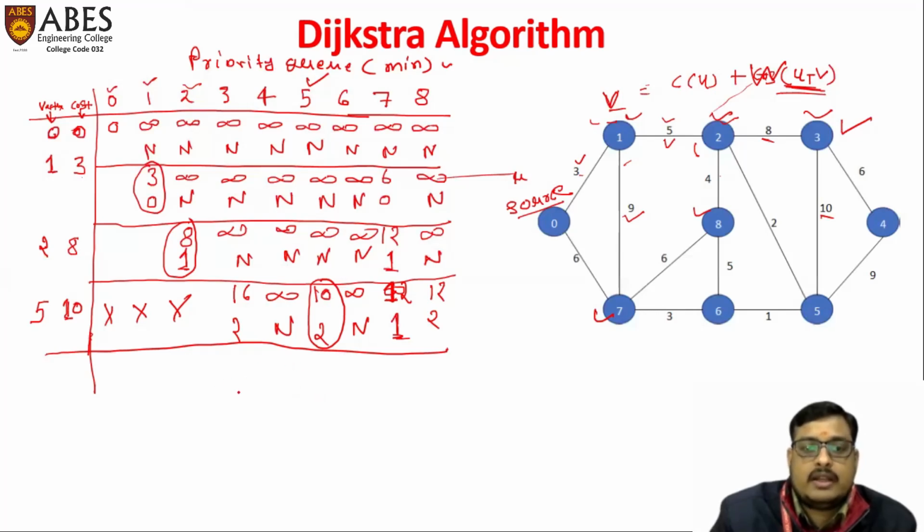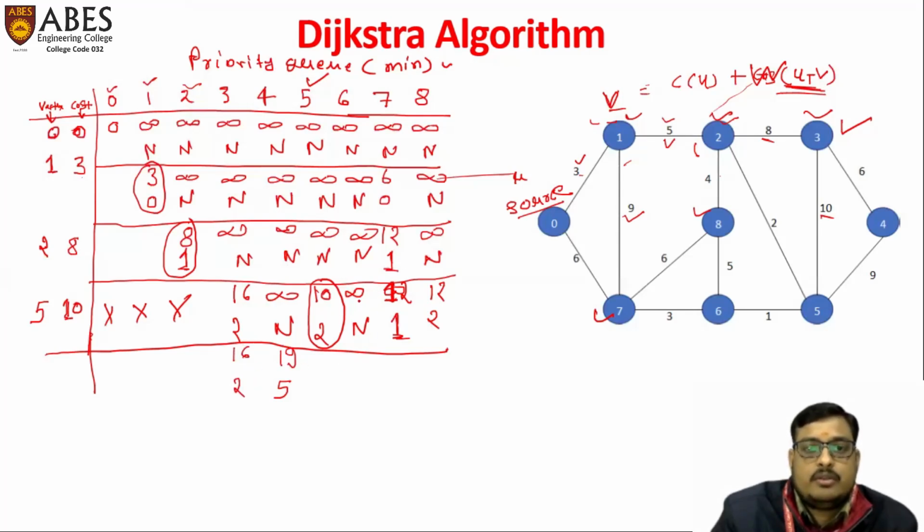So 10 plus 9 is 19. So the cost of vertex 4 is 19. We'll write 19 here and source as 5. Again, we will copy 16 here as it is, because no updation is there.